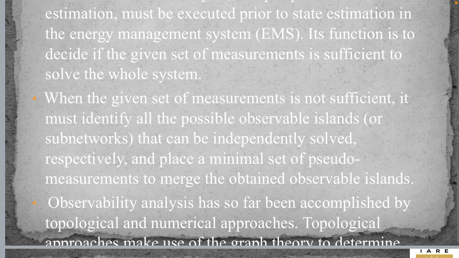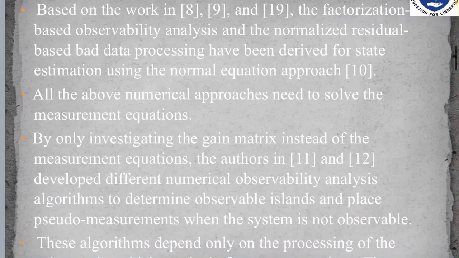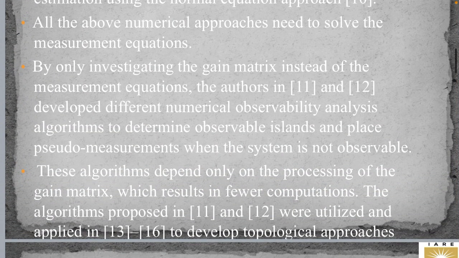The paper is organized as follows. Section 2 provides a theoretical result for numerical observability analysis based on Gaussian elimination. Algorithms to determine observable islands and to place pseudo measurements to make the whole network observable are presented in section 3 and section 4.